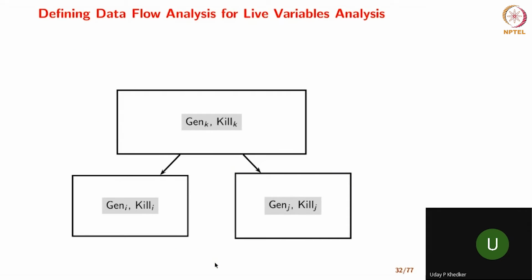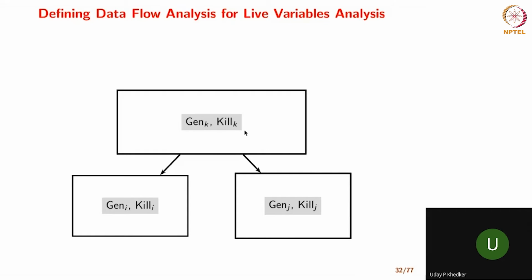For each basic block, this is basic block K, we compute two sets, gen of K and kill of K. For this basic block I, we compute gen of I and kill of I. Here also we compute gen of J and kill of J.